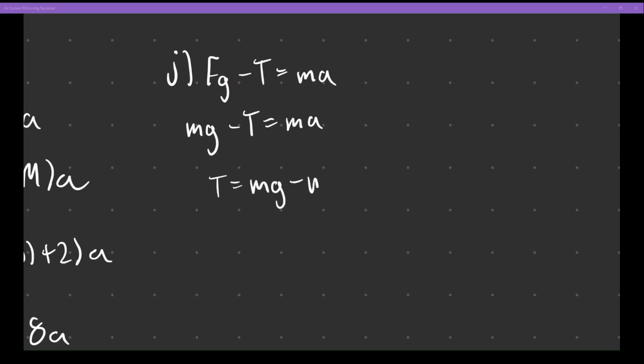Finding tension in the string. I'll set up the hanging block, that's the easier one. So Fg minus T equals ma. Fg is just equal to mg, minus T equals ma. I can isolate for T, which gives me T is equal to mg minus ma. Factoring out m, I get g minus a.